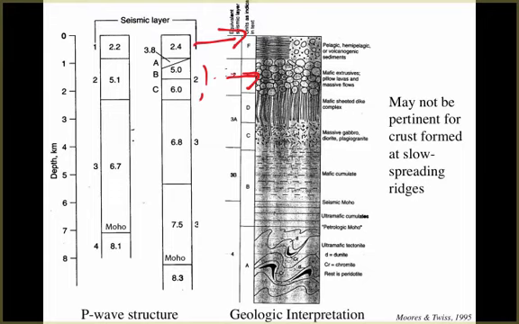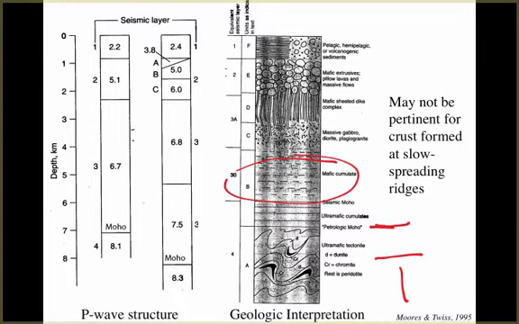Still faster speeds correspond to the sheeted dike complexes and diorites or gabbros in the base of those sheeted dikes. We see mafic cumulates at the bottom. And then, of course, we see a petrologic Moho and the actual Moho separating the mafic oceanic crust from the peridotite in the mantle.